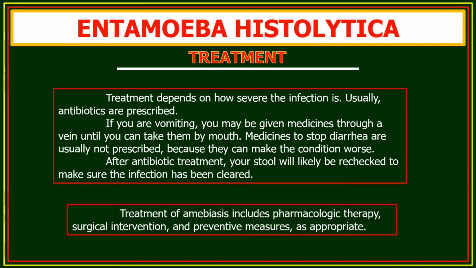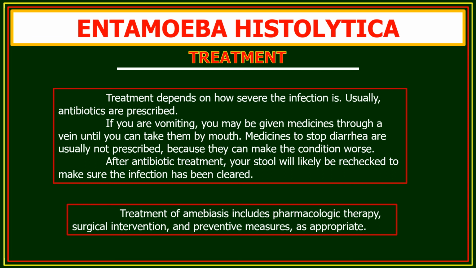The treatment depends on how severe or mild the infection is. Usually antibiotics are prescribed. If you are vomiting, you may be given medicines through a vein until you can take them by mouth.